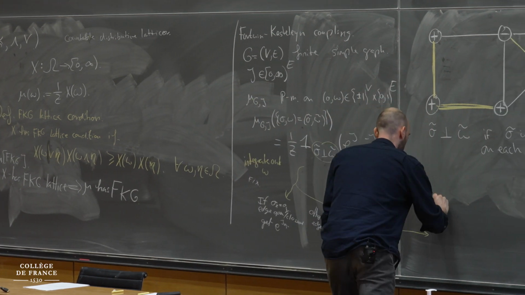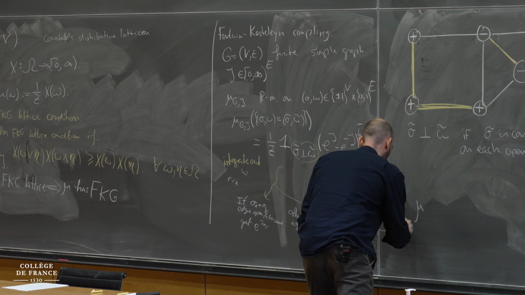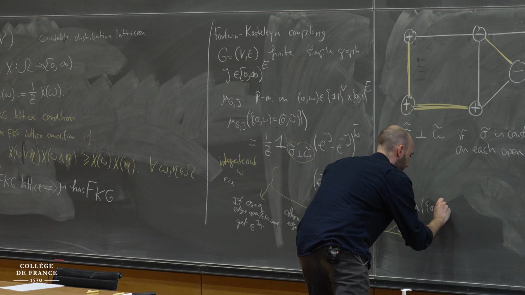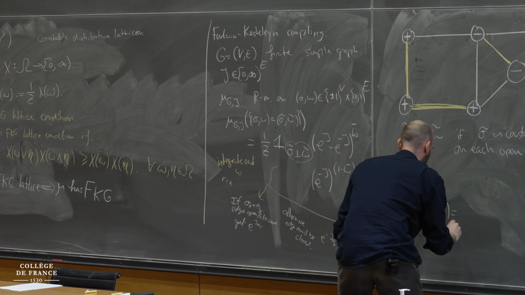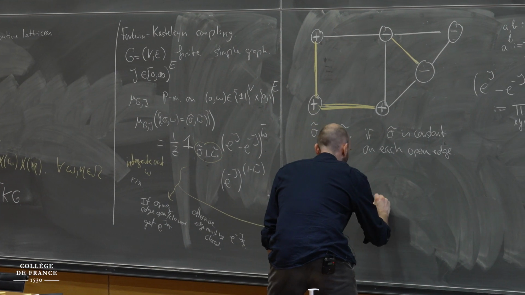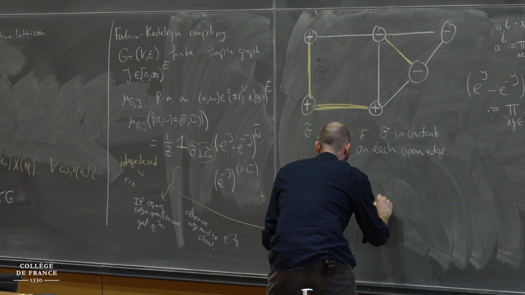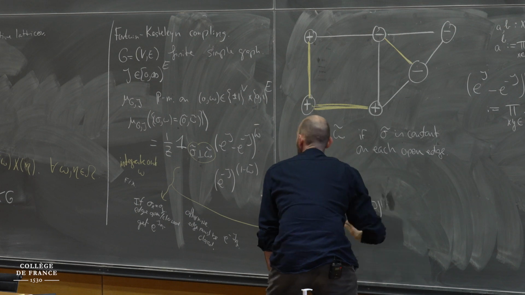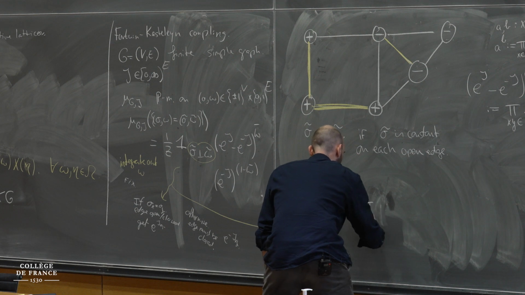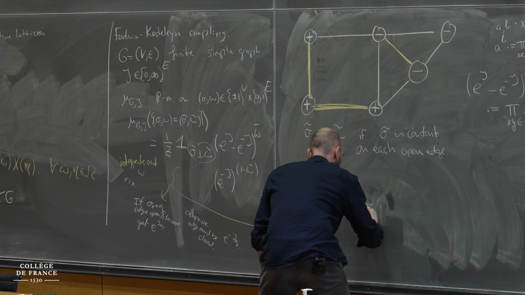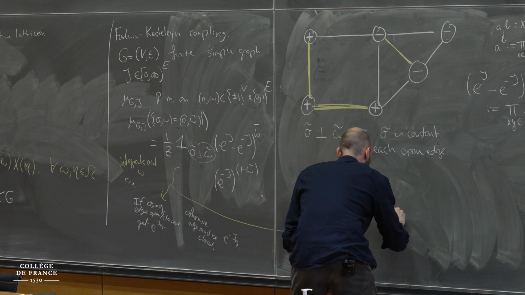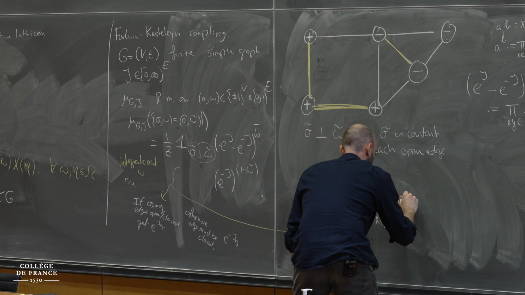So what this tells us is that mu of sigma equal to some sigma tilde is proportional to, it's 1 over z times the product over xy of e to the j sigma x sigma y.